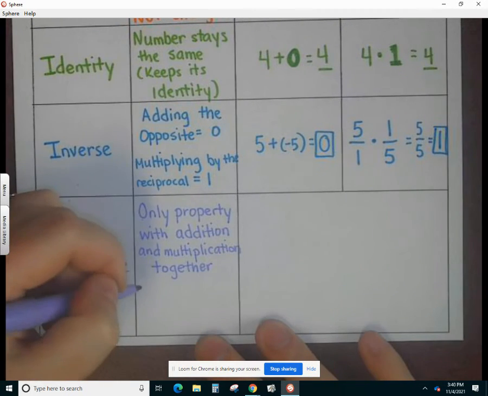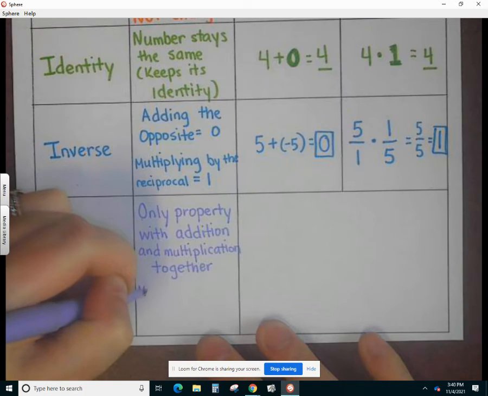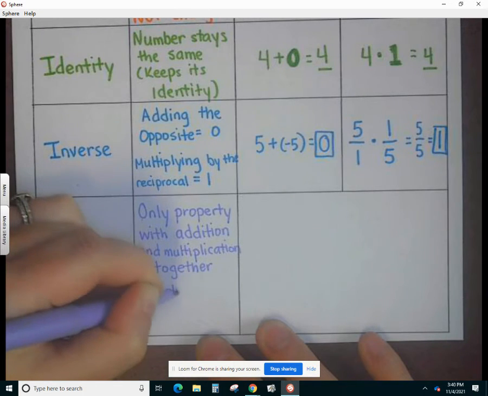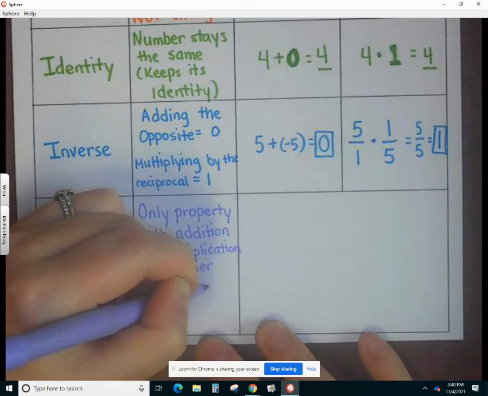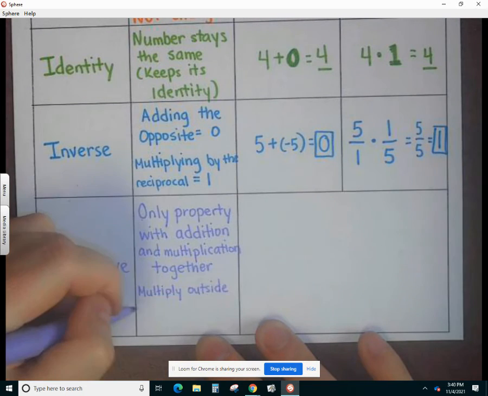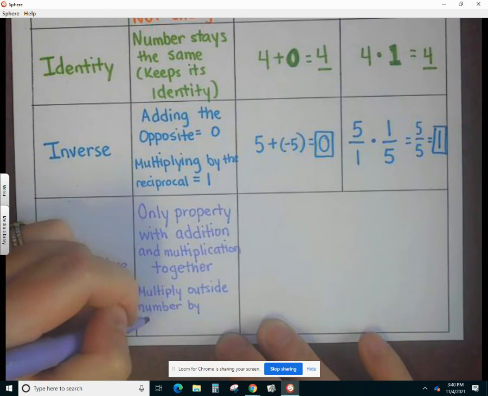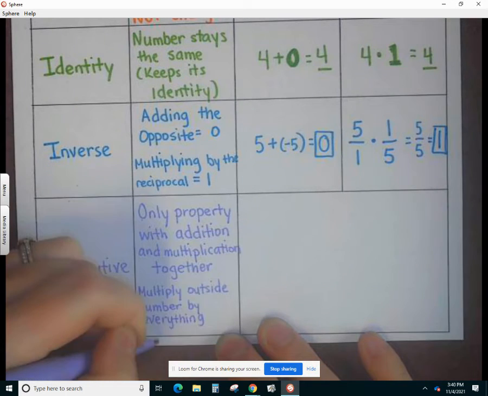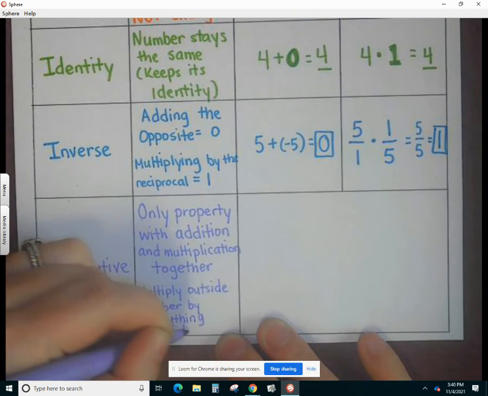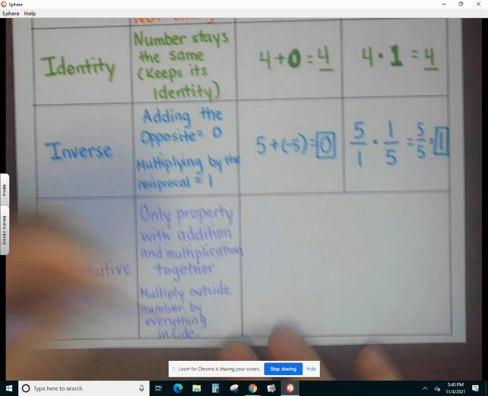Okay, and what we do with the distributive property is we multiply the outside number by everything that's inside. And when I say inside and outside, I'm talking about inside the parentheses.